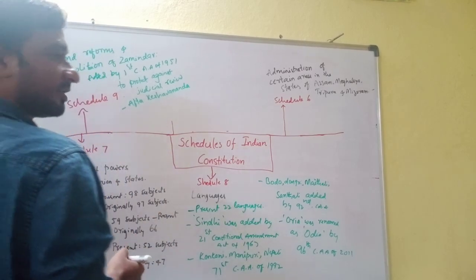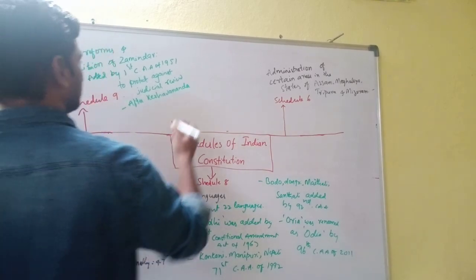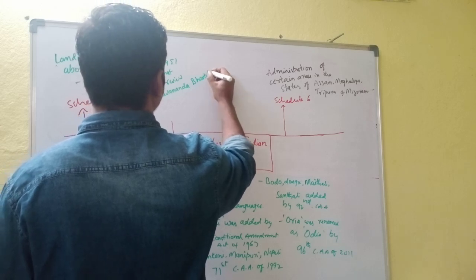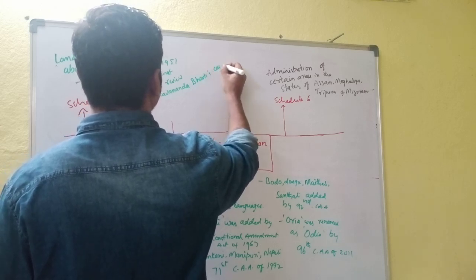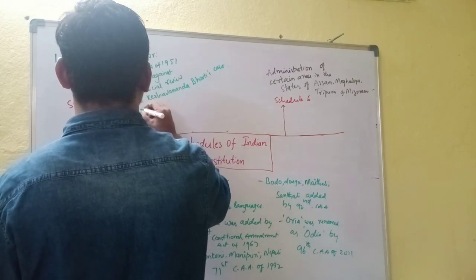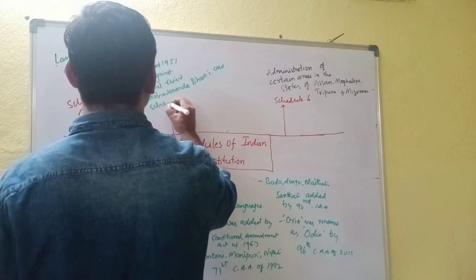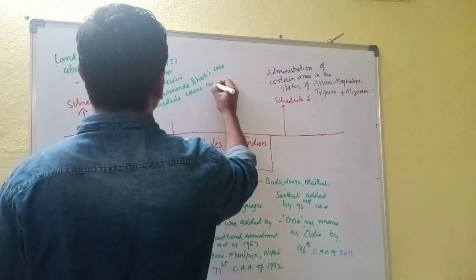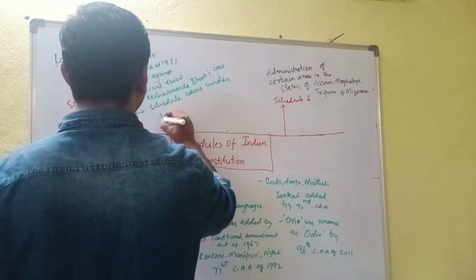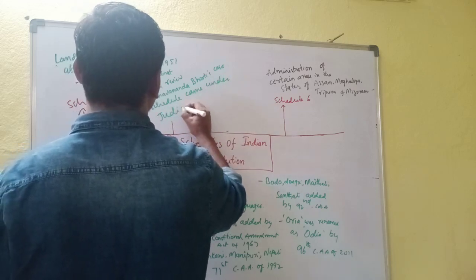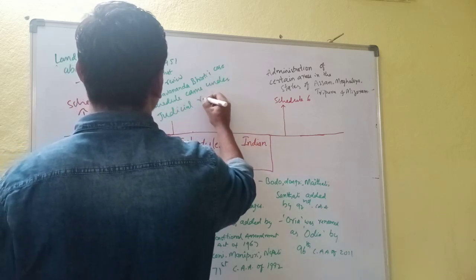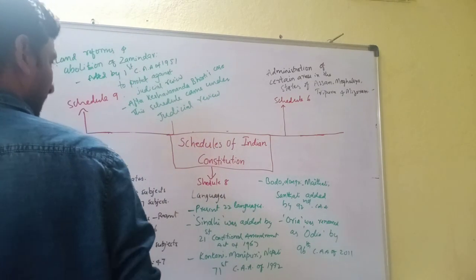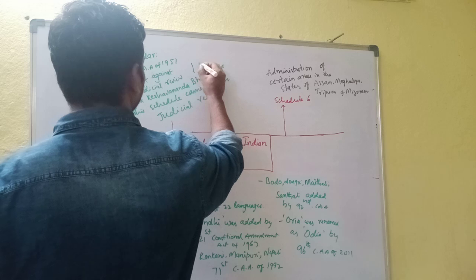Keshavananda Bharati belongs to Karnataka. The case happened in 1973.